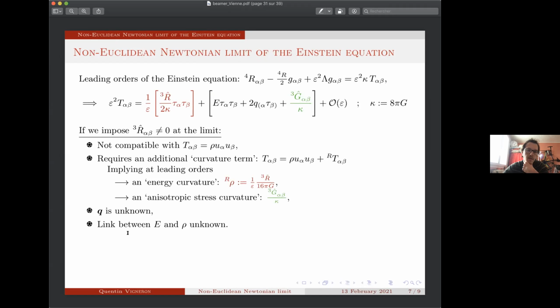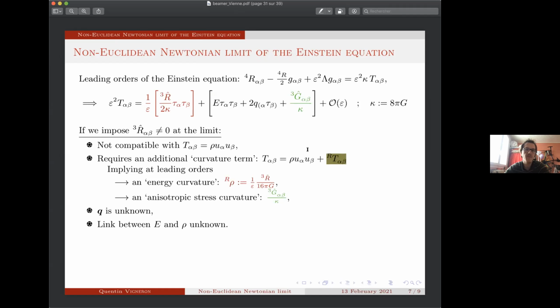The limit is still not closed, because we don't know the relation between E and the density rho. So we need to assume, as with the standard limit, what is the full order of this additional required term. But before doing this, we need to understand why it is here, because we never considered it before.